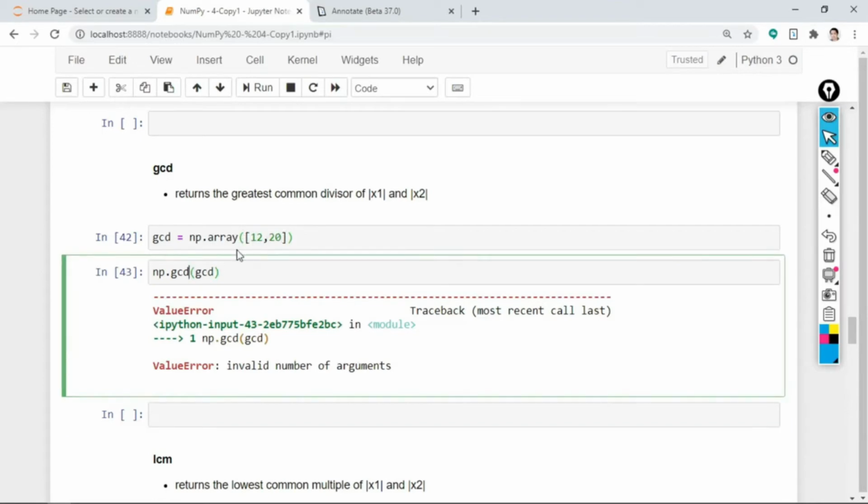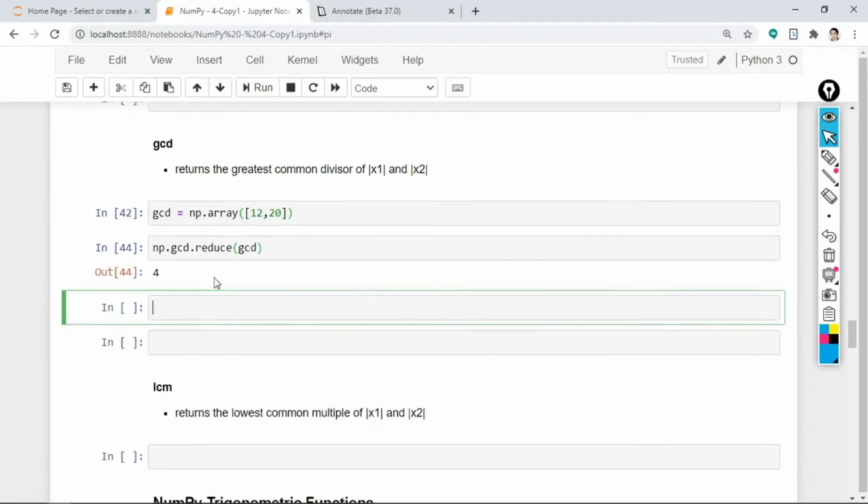If you want to compute the GCD using an array, you add the reduce method in order to find the GCD of 12 and 20. The greatest common divisor of 12 and 20 will be 4. Okay, so that's the GCD.